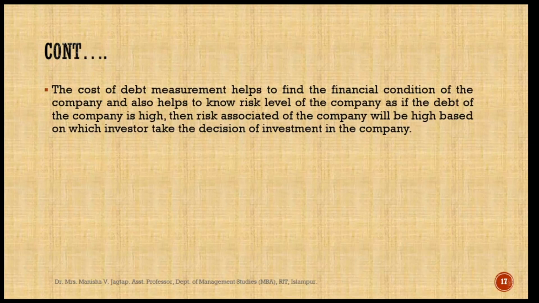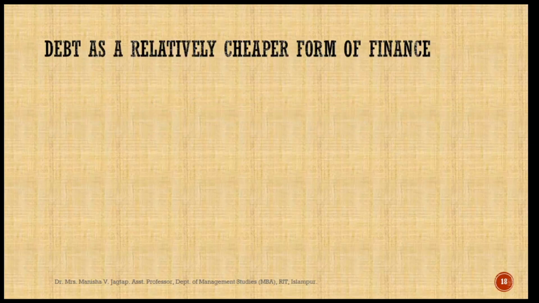This interest expense is normally used for tax saving purposes by the company, as it is treated as a business expense. Now next we will see debt as a relatively cheaper form of finance.